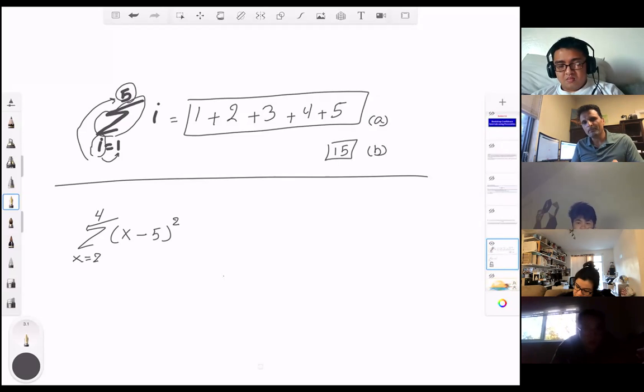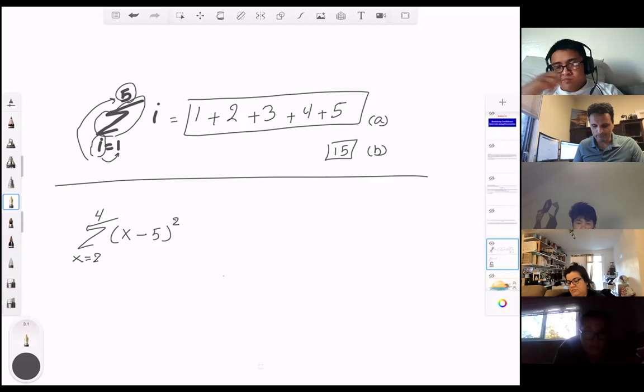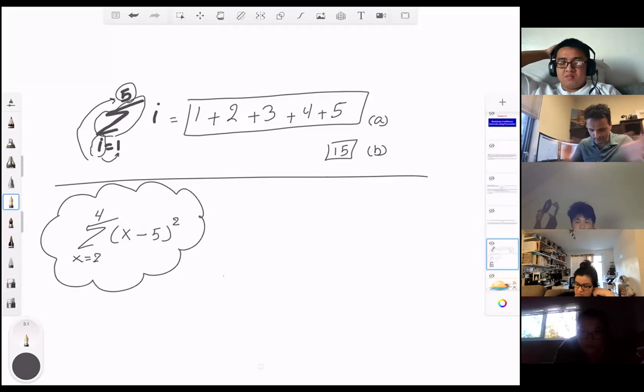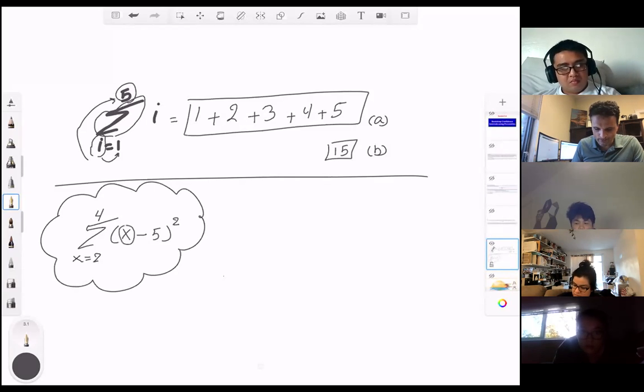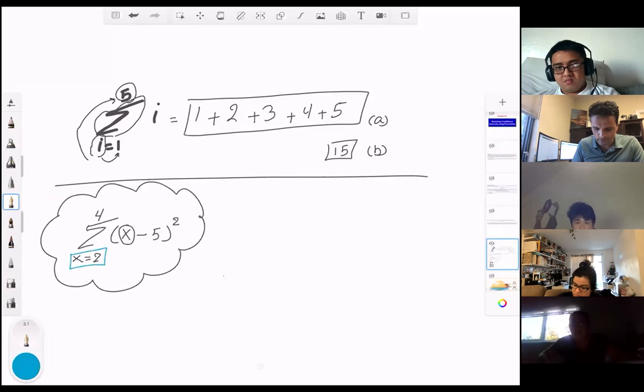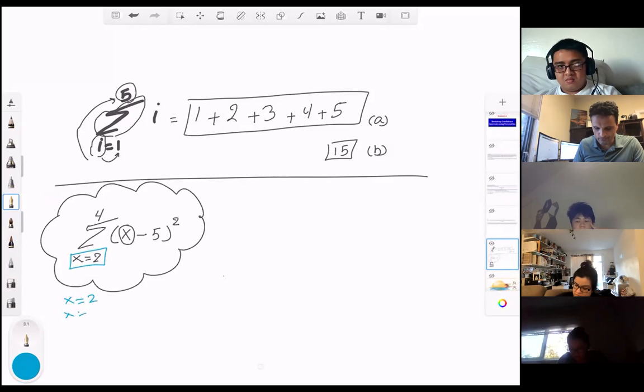So in algebra part, our job is to simplify it. We don't need to understand which formula this is. For us, we just need to expand it and add them up. So we have a variable here, x, but the good thing is they give us x starts from 2. So x is going to be 2, then 3, then 4.